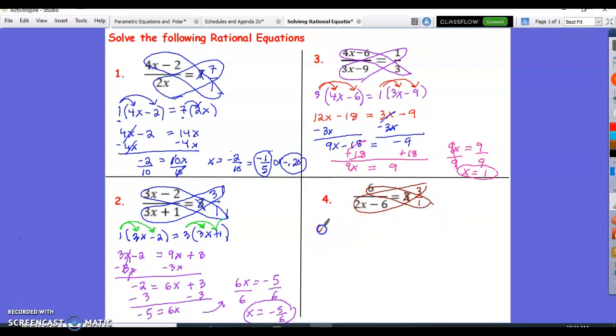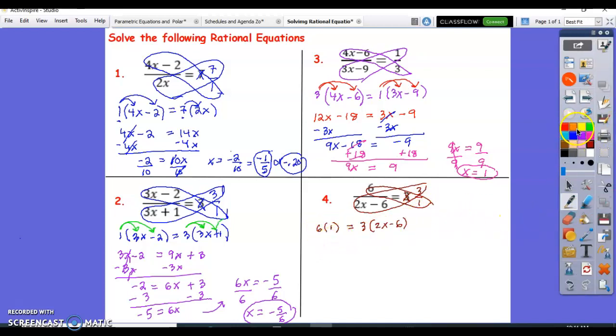So 6 times 1 or 1 times 6 are the same thing, and then 3 times (2x minus 6). Since it's multiplication, it doesn't matter whether you put 1 times 6 or 6 times 1, it will give you the same answer. All right, so let's perform the operations.